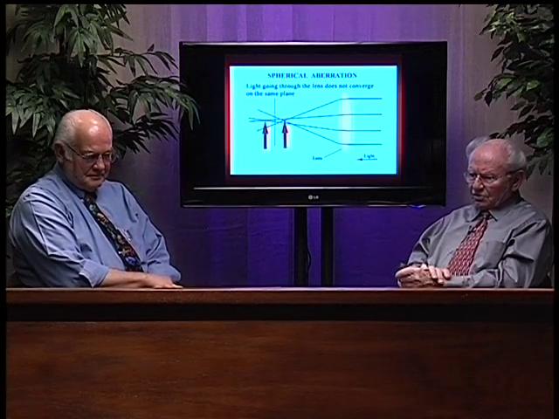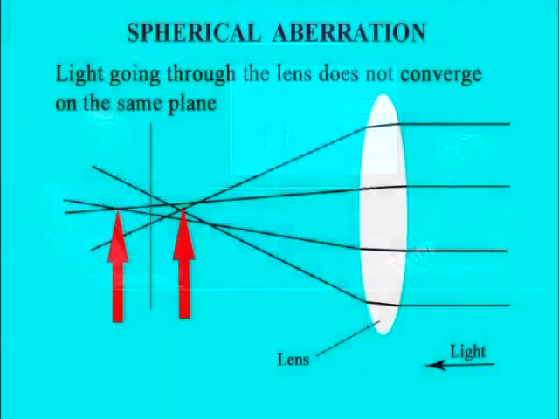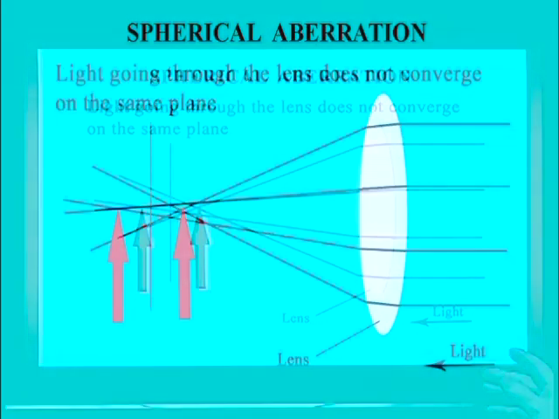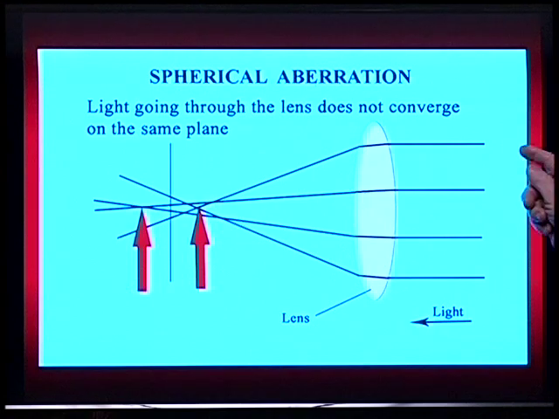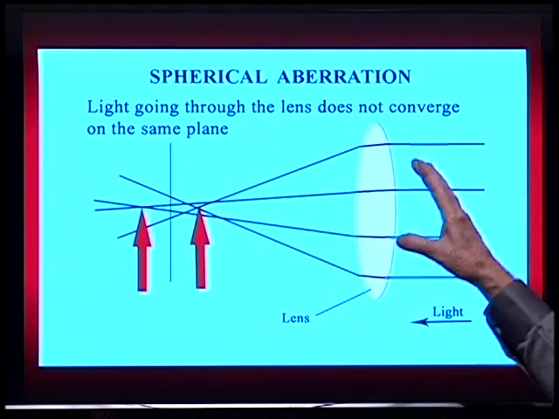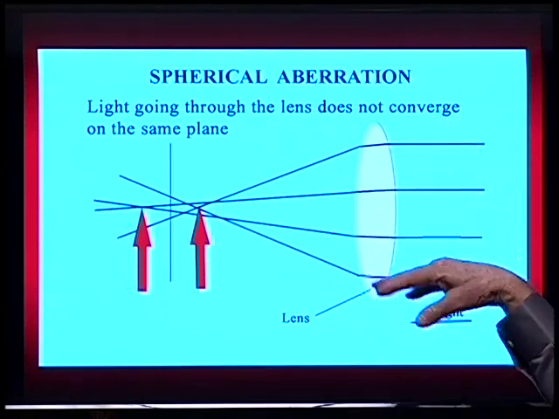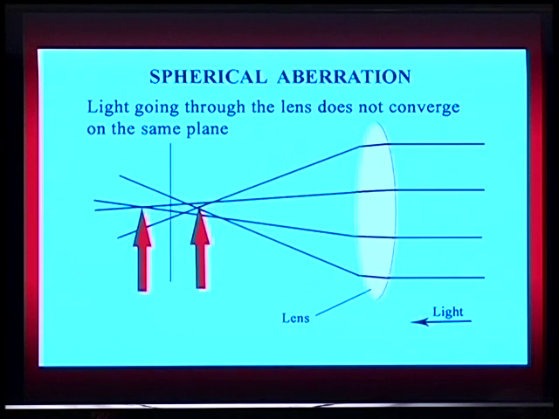Well, what is spherical aberration? Here's a diagram showing what is involved. We have a white lens right here, and various light rays coming in, and an ordinary-shaped lens with a curved surface.